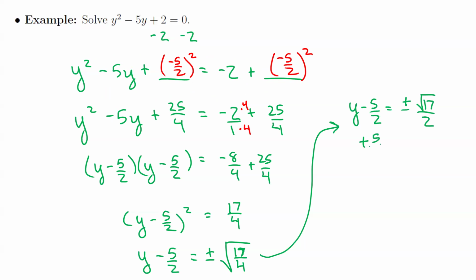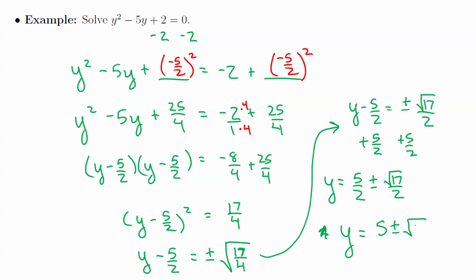So when I go ahead and I add 5/2 to both sides, it'll be y is equal to 5/2 plus or minus the square root of 17/2. Writing it that way is just fine. At the same time, they both already have a denominator of 2, so it would be okay at this point to just say 5 plus or minus the square root of 17/2.